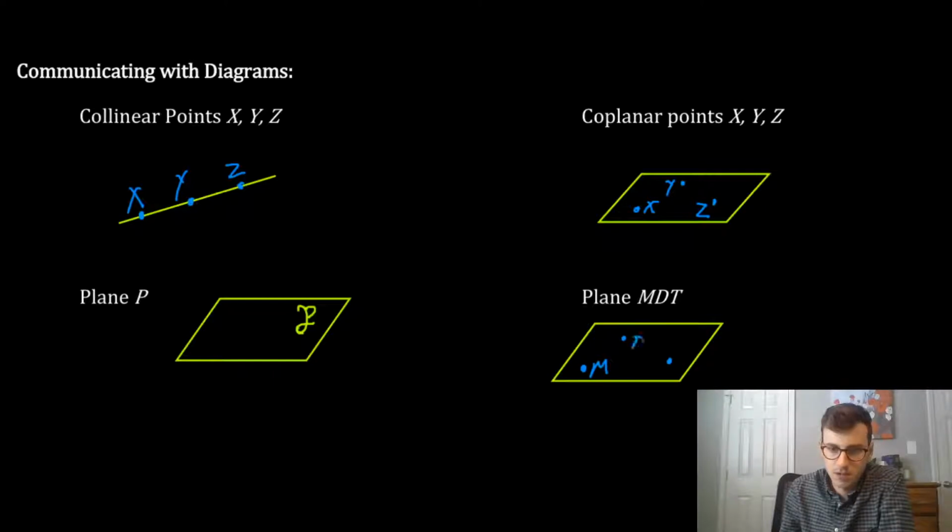M, D, and T. So remember, planes are formed by 3 non-collinear points, right? So this plane MDT, we've got 3 points, M, D, and T, that are not collinear, and they make up that plane. Coplanar points X, Y, and Z, and plane MDT, that's saying the same thing.